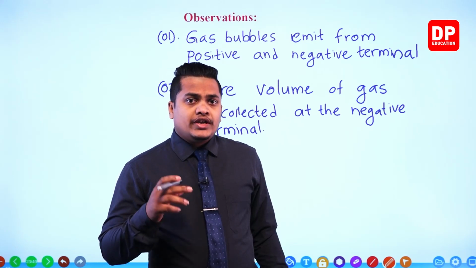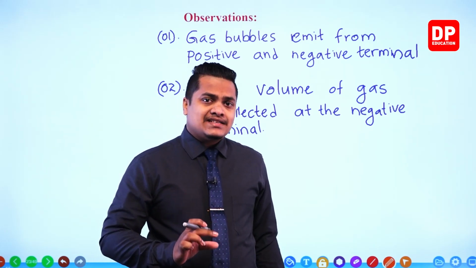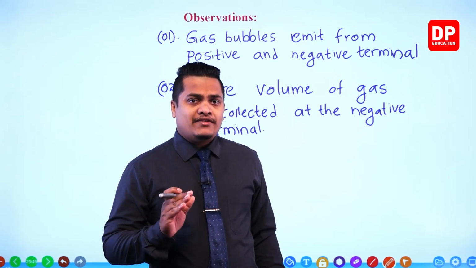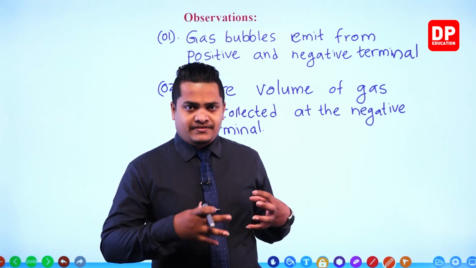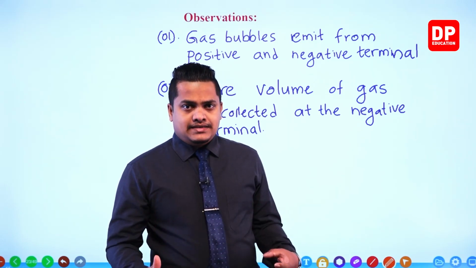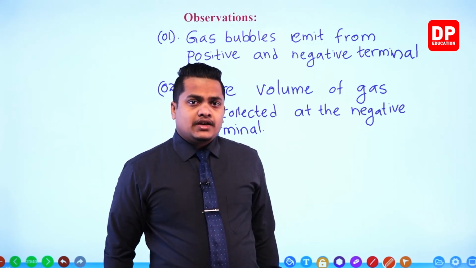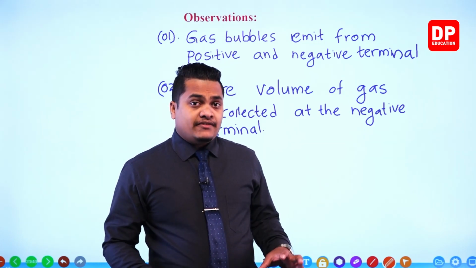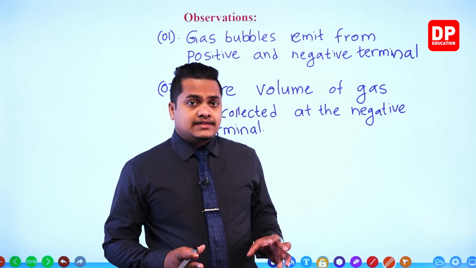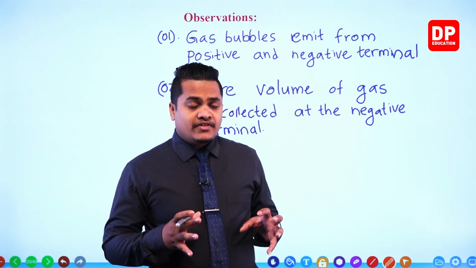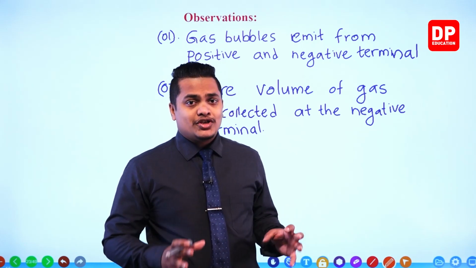In order to show that these gases are hydrogen or oxygen, you have to conduct another experiment. Actually, we did that experiment. We inserted a glowing splinter, right? By that way only we can conclude whether the gas which is going to emit is hydrogen or oxygen.